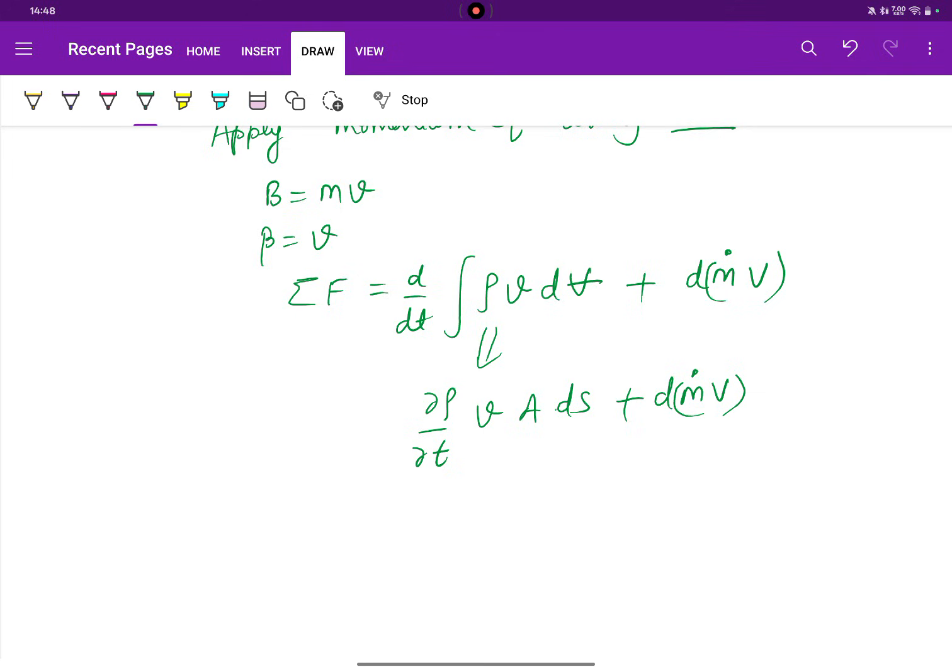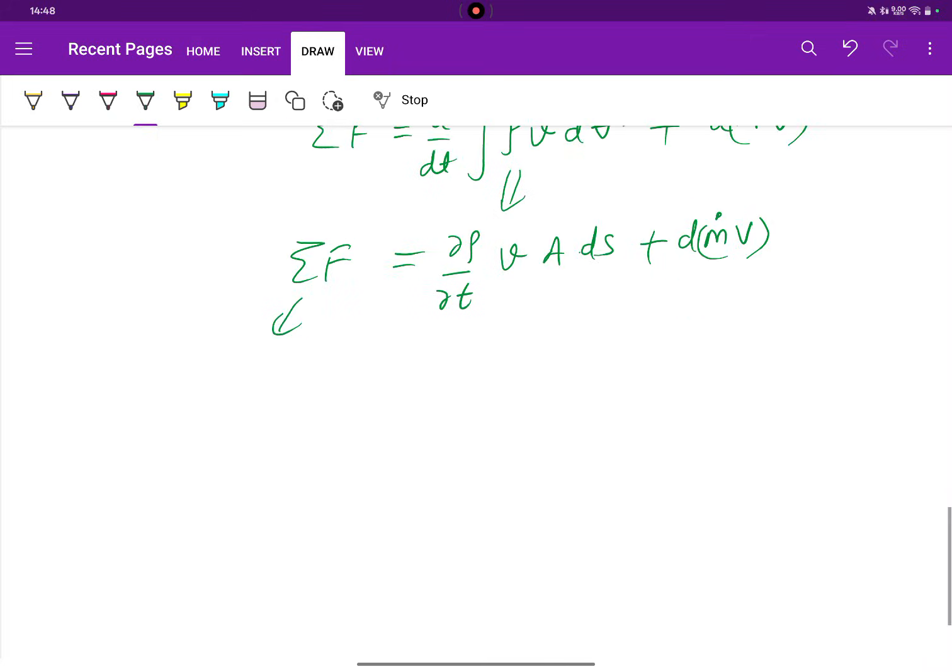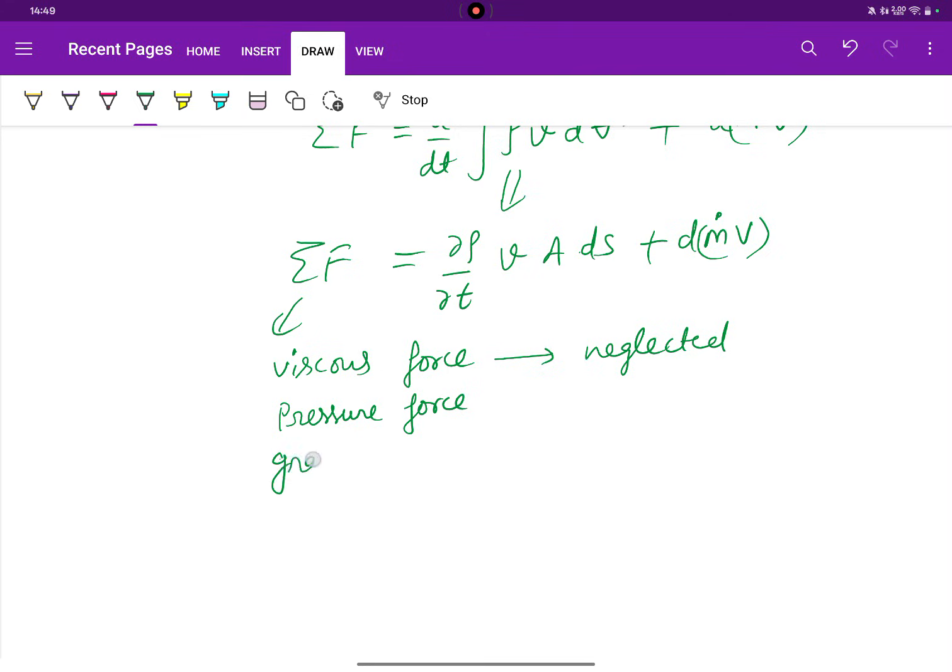This is your sigma F, and sigma F is basically what are the forces that it will comprise? See, viscous force has been neglected. What else now comes is the pressure force, and then the other one being body force or gravity force, basically the weight of that fluid element.